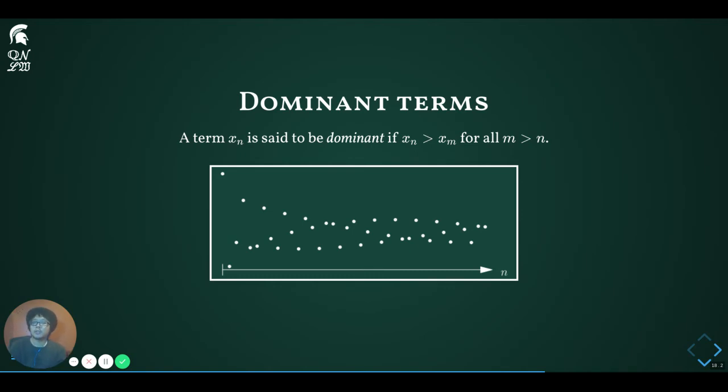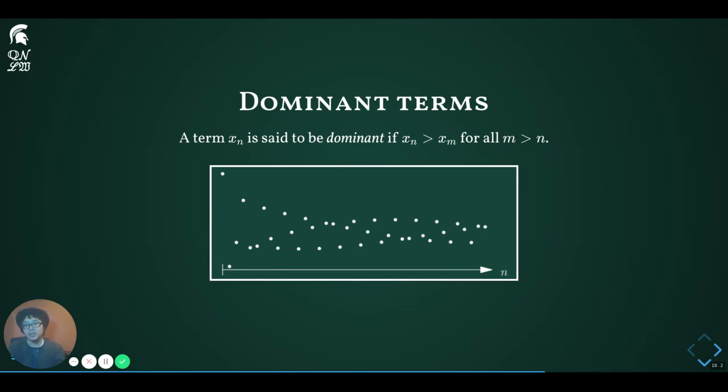Each point represents a term in the sequence. Its vertical position represents its value. The larger the value, the higher up in the picture. So you see that for this sequence, the first term is dramatically larger than all the rest. And since all future terms are smaller, we see that the first term is a dominant term.